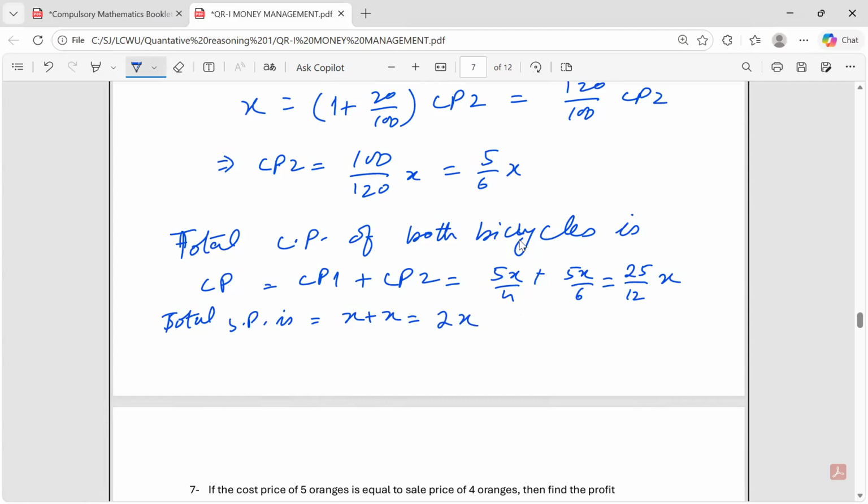Now you can see that 25 by 12 is greater than 2, so we have a loss, since the cost price is greater than the sale price.